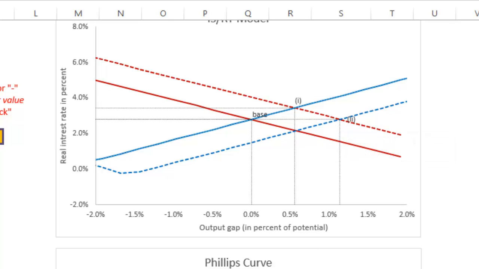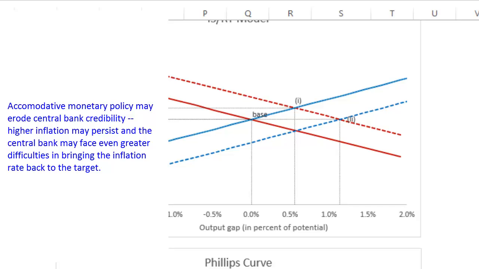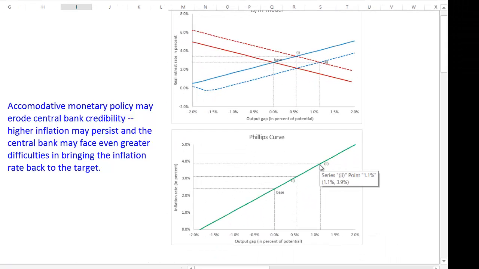We may end up concluding that the central bank isn't serious about keeping its inflation target, and that will mean that it will be even harder for the central bank to bring down the inflation rate in the future.